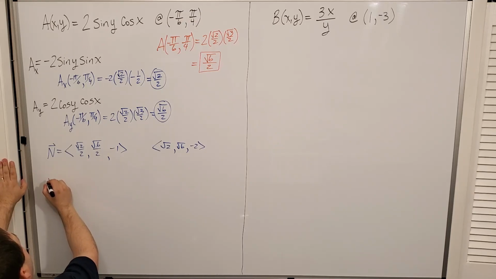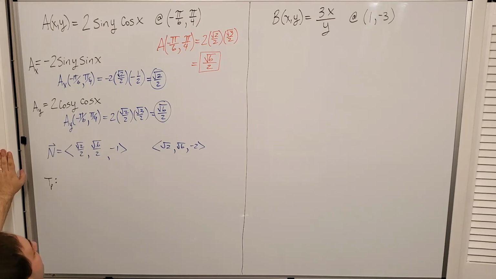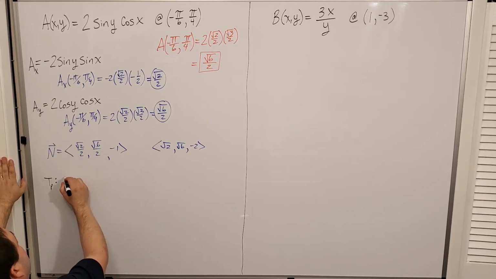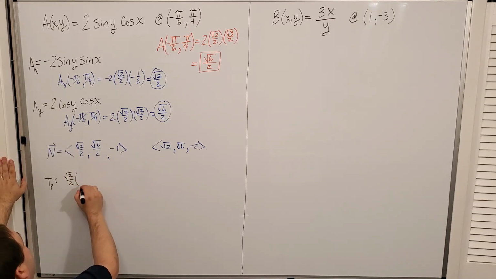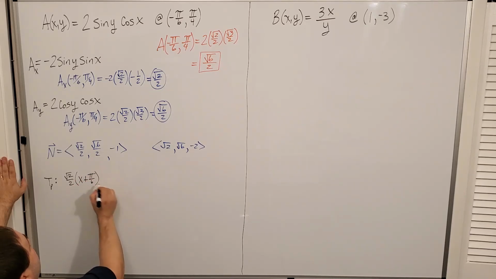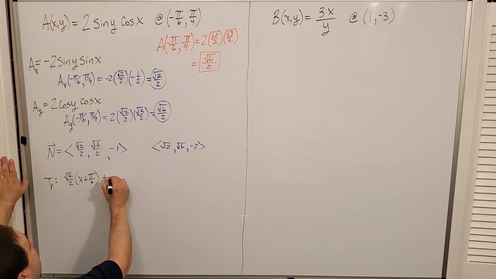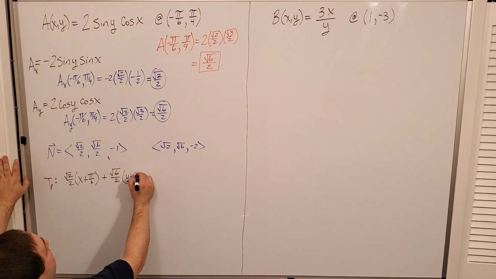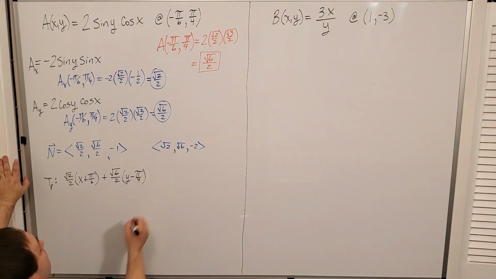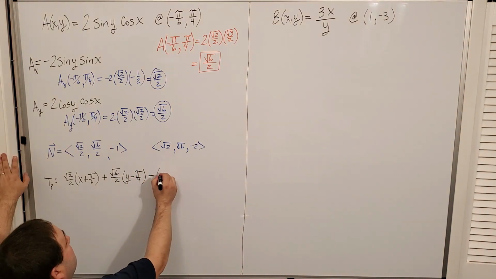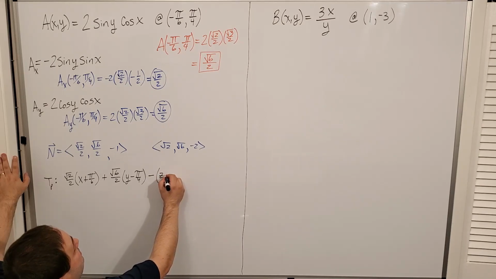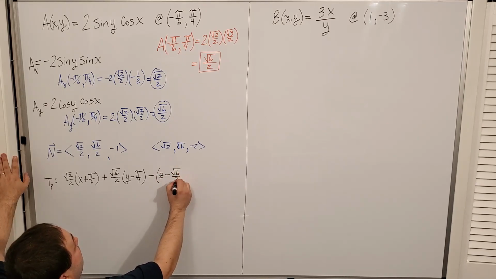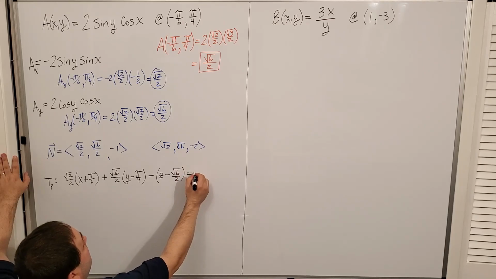My tangent plane here at some point P is going to be square root of 2 over 2 times x plus pi over 6, plus square root of 6 over 2 times y minus pi over 4, and then minus z minus square root of 6 over 2 is equal to 0.